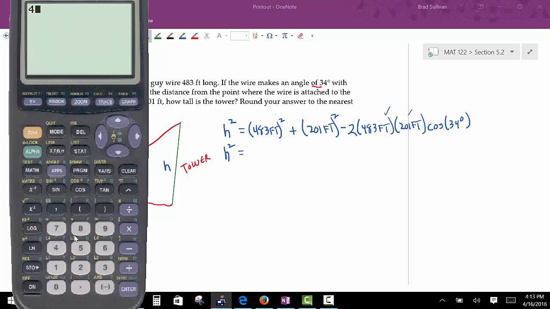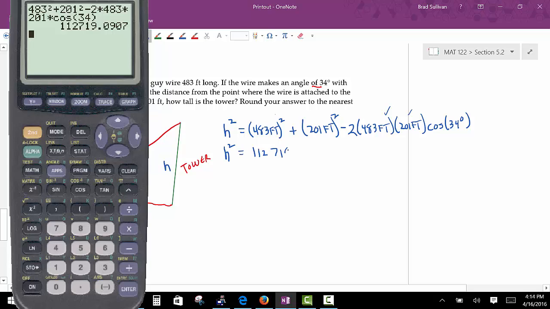So let's do this. Let's do 483 squared plus 201 squared minus twice the product of 483 times 201 times the cosine of the angle in between. And then we're going to write that down. It's a pretty big number, so we have 112,719.0907.